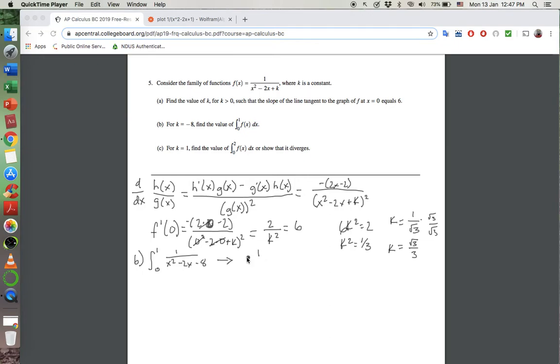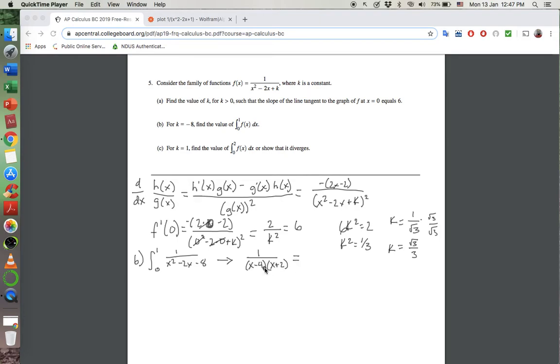So we get 1 over x minus 4 times x plus 2. And we can check that if you want to. x squared plus 2x minus 4x minus 8. That's correct. And so what we can do here is partial fraction decomposition.